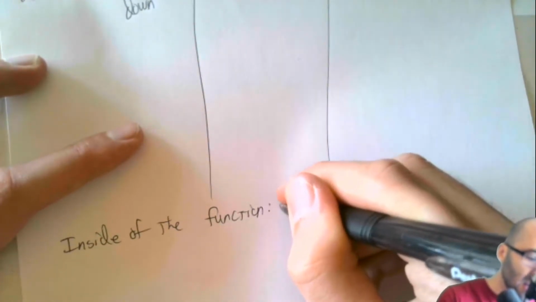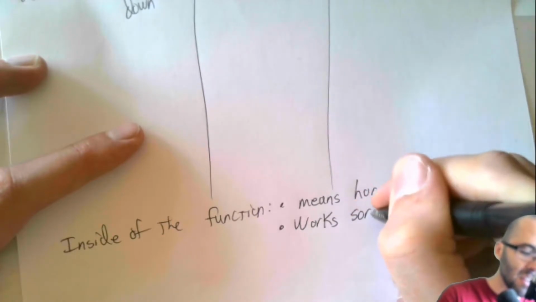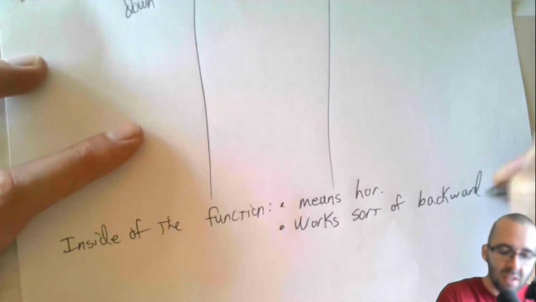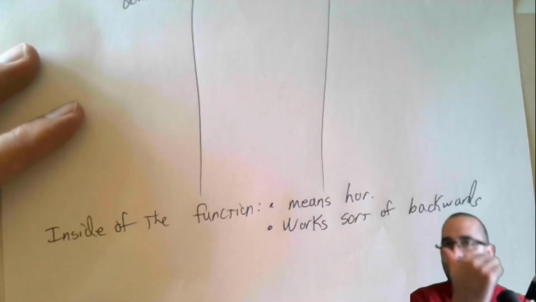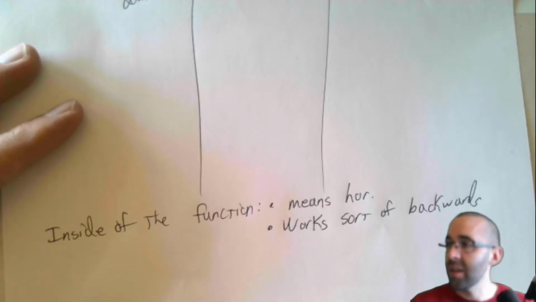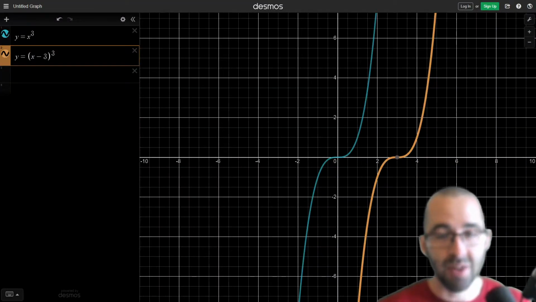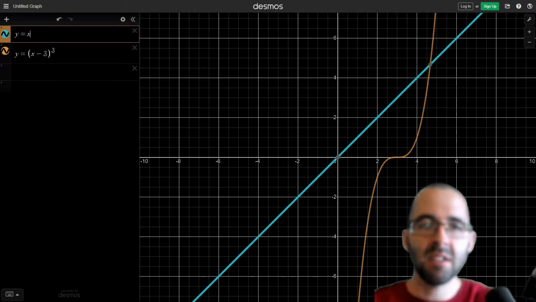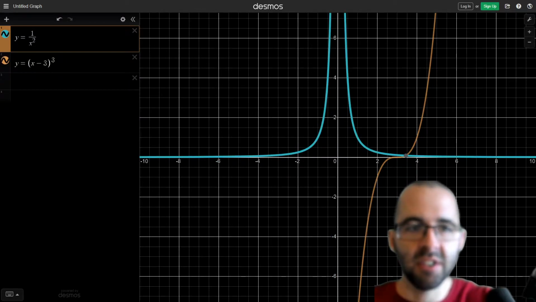It also works sort of backwards. A lot of people see subtraction and they would think, oh, subtraction means down or it means left. But here it sort of works the opposite of what you might expect, and that really will come back to play a lot. So again, let's look at the reciprocal squared function.